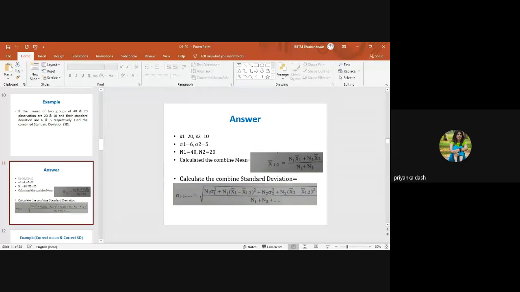So proceed to the next one. N2 is 20 times sigma 2 whole square, plus N2 value is 20 into x2 bar value 10 minus the combined mean, divided by 40 plus 20.